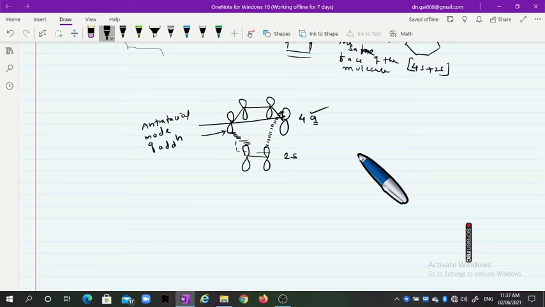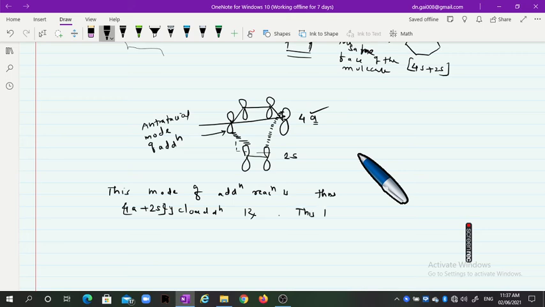Therefore we have concluded that this mode of addition reaction is a 4 antara plus 2 supra cycloaddition reaction.